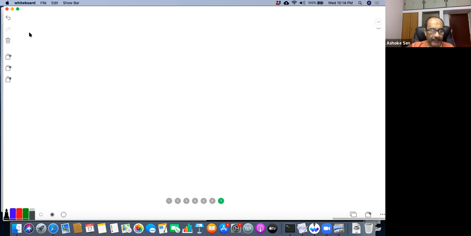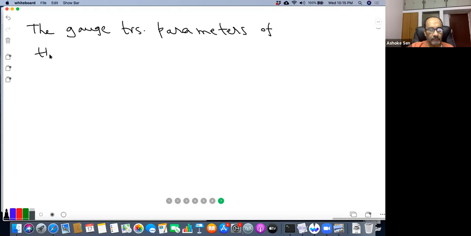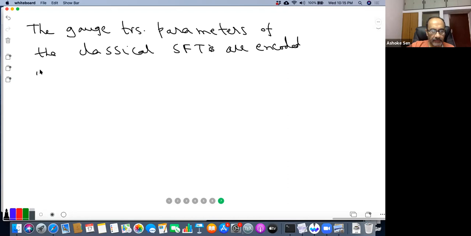This theory also has gauge invariance. The gauge transformation parameters of the classical string field theory are encoded in an open string state of ghost number 0.